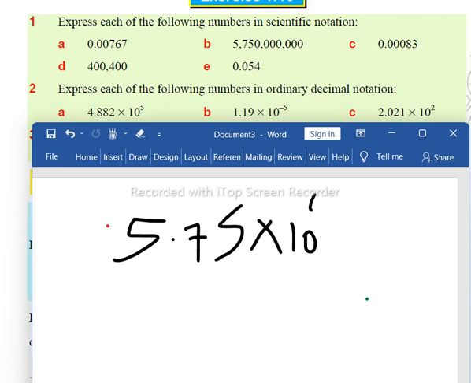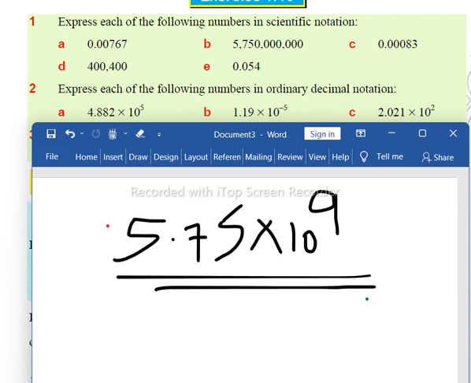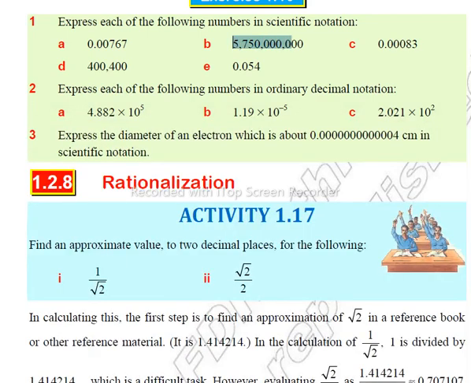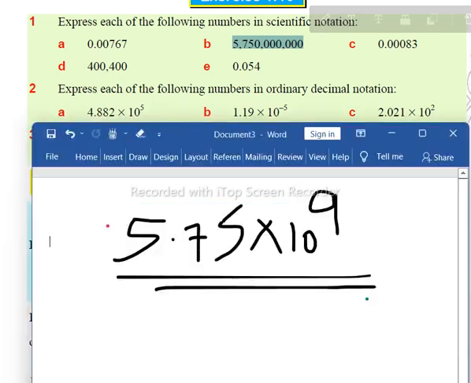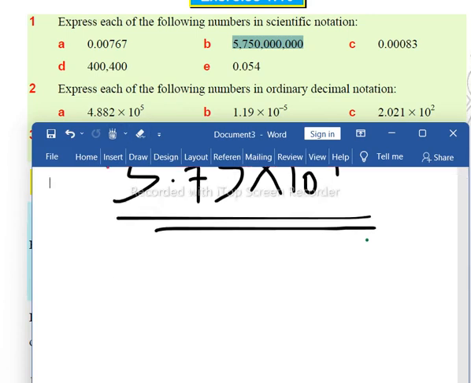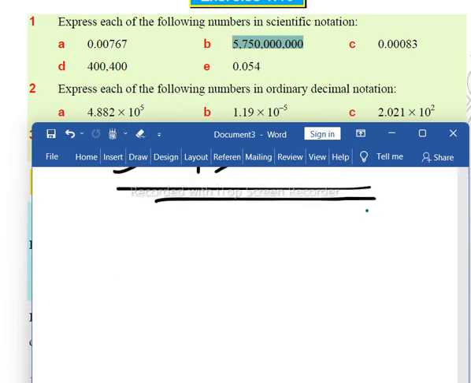So we have 10 to the power of 9. This is the scientific notation of this number. So we can write it like this. Let us do C, and the others will be very simple, they are the same.